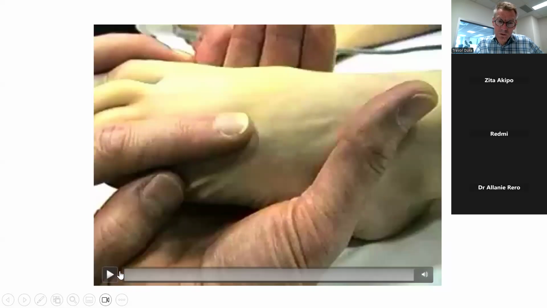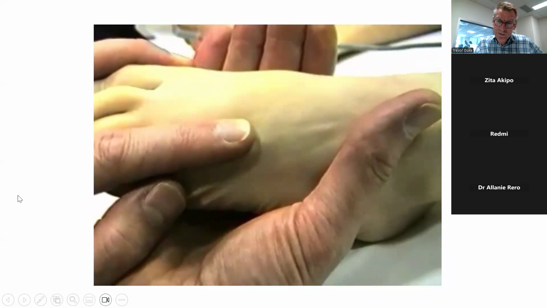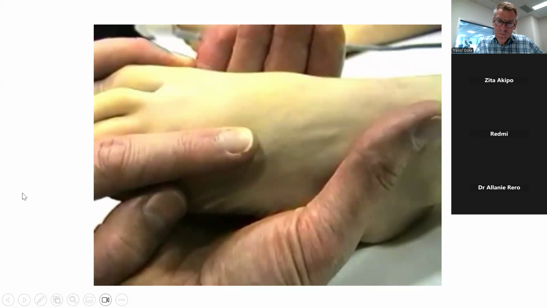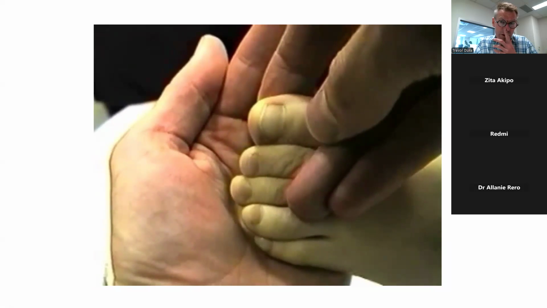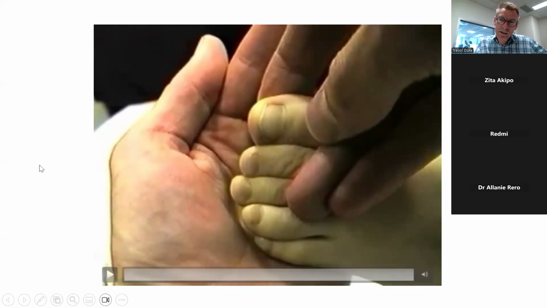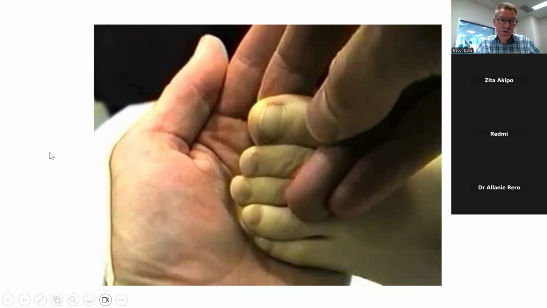Now just have a look at his feet. You can see how pale his feet are, and you can't see on the video, but his feet were very cold. The point is to recognize cold shock.